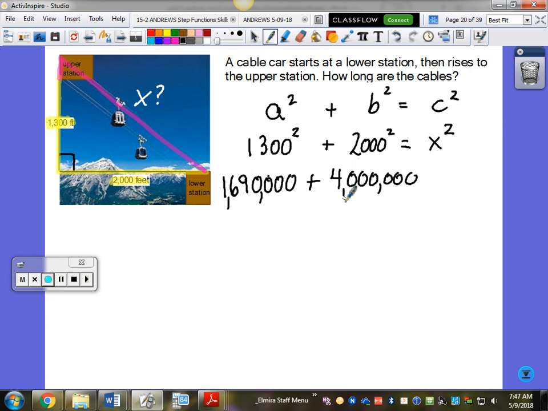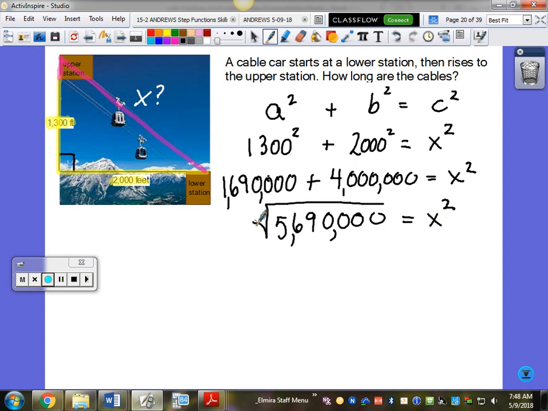And 2,000 squared is 4 million. For a total of 5,690,000, which is x squared. And we'll square root both sides.